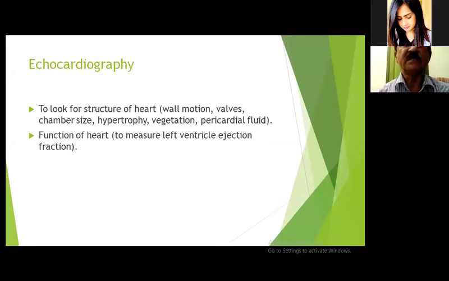Chamber size, enlarged or dilated or not, hypertrophy, thickening, vegetations and infective endocarditis, pericardial effusion.